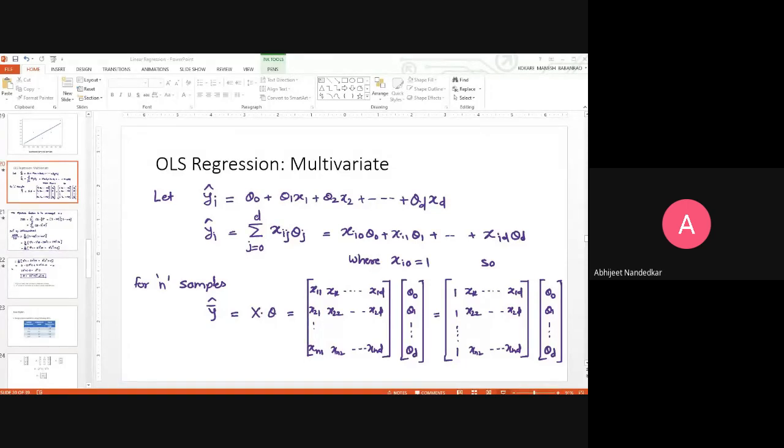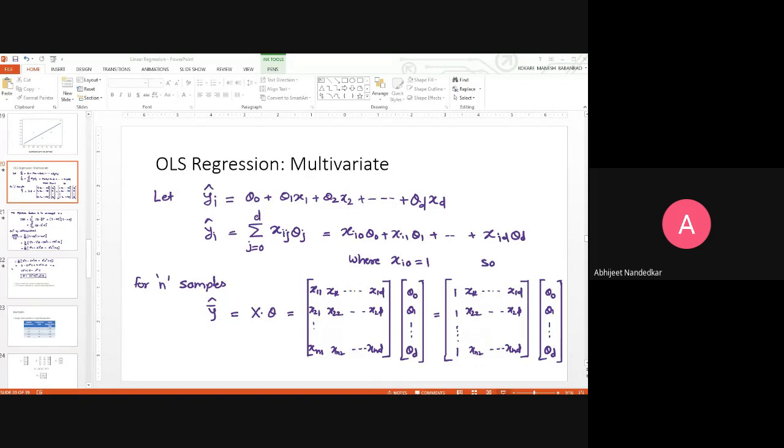In the earlier case, it was y cap equal to theta 0, or beta 0 we have used, plus theta 1 x. So this was our earlier derivation. Now instead of only one variable, suppose my output depends on many variables.